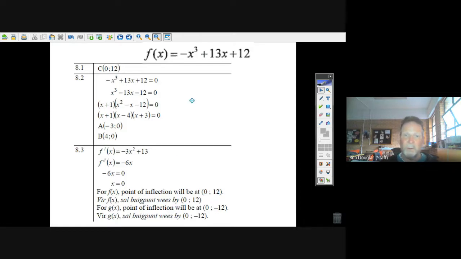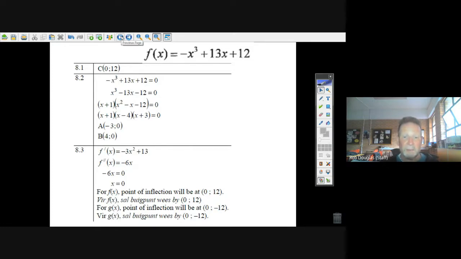Well, we could have redone this, and if we had done g(x) and done the derivative and then done it again, we'd get the point of inflection is (0, -12). But the point of inflection of f is (0, 12). So the negative of it, the point of inflection, would be (0, -12). Okay, that's how that works.